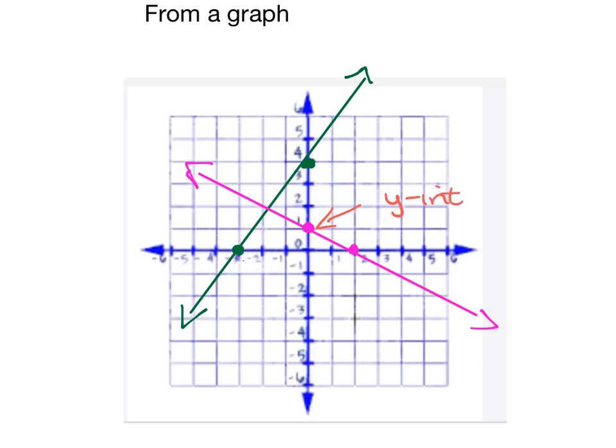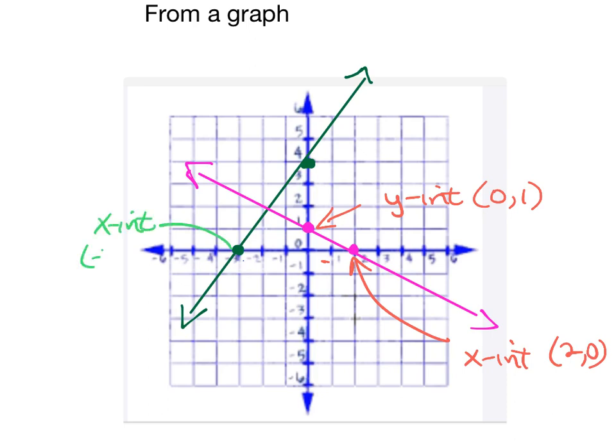You're going to tell me it's hitting at the number 1, and you're going to write it as an ordered pair, so it's 0, 1. The pink line is hitting the x-axis, the x-intercept, at the number 2, so 2, 0. The green line is touching the x-axis, my x-intercept, at -3, 0. And my y-intercept, it's touching the y-axis at 4, so 0, 4.